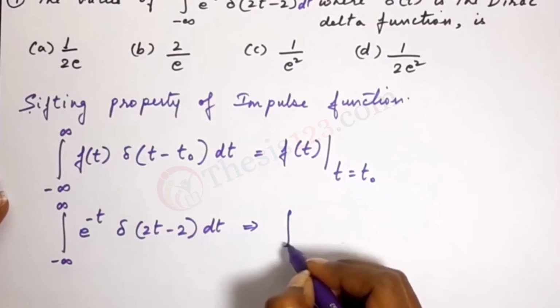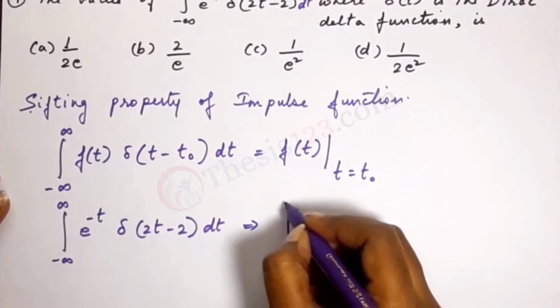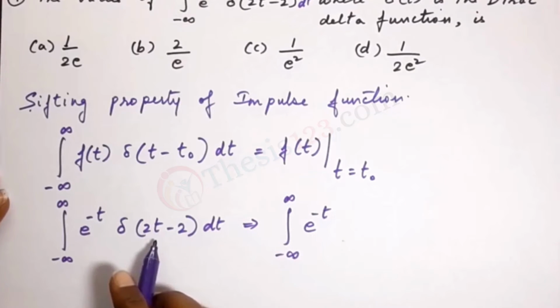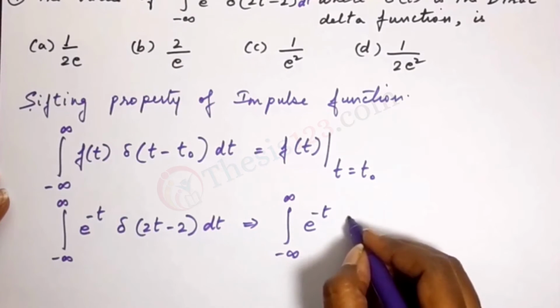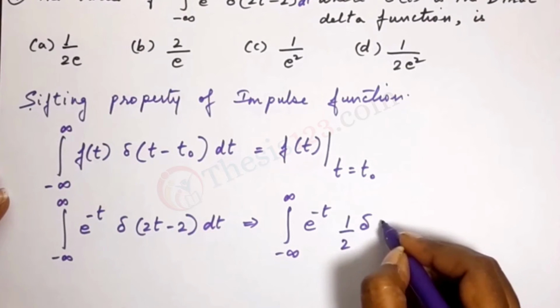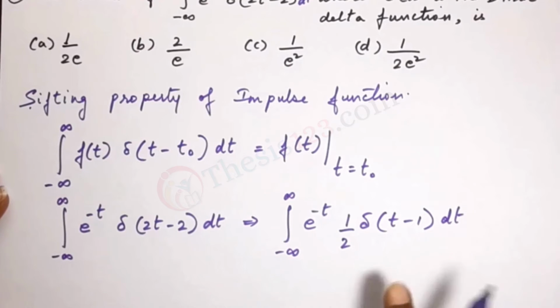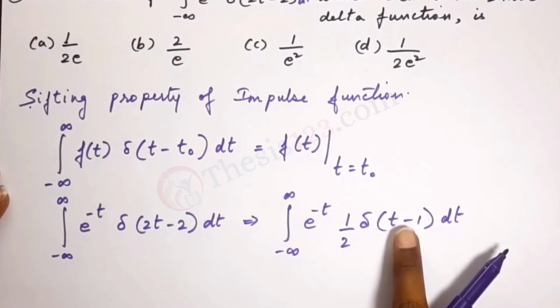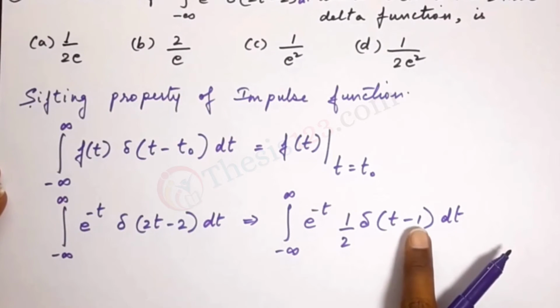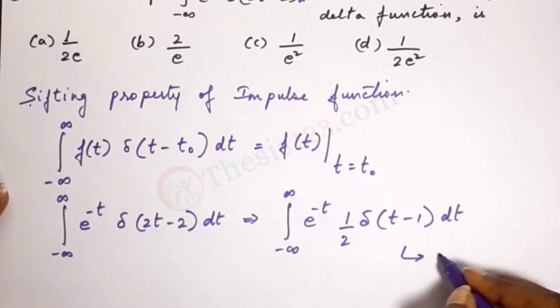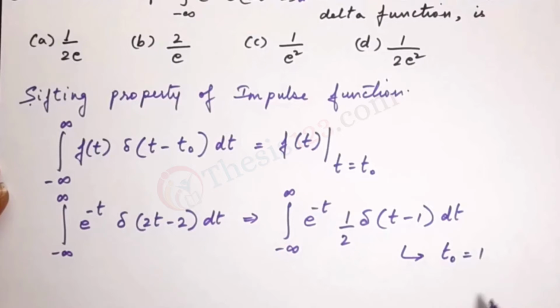We can write this as the integral of e power minus t, taking 1 by 2 out, delta t minus 1 dt. Now t minus 1 means that t naught is 1.